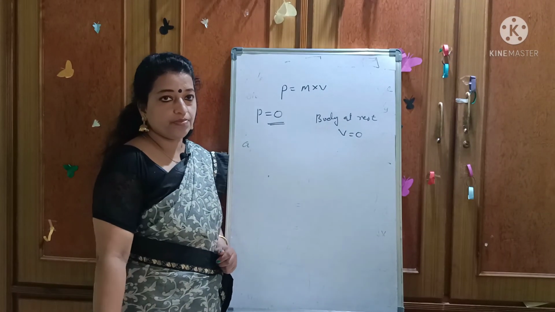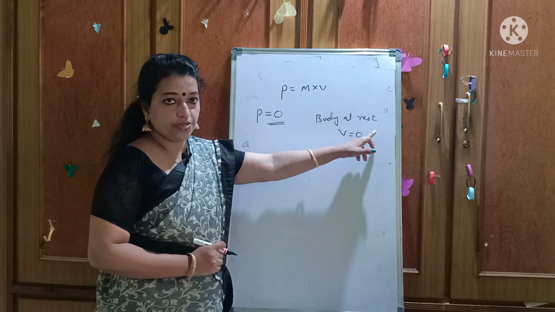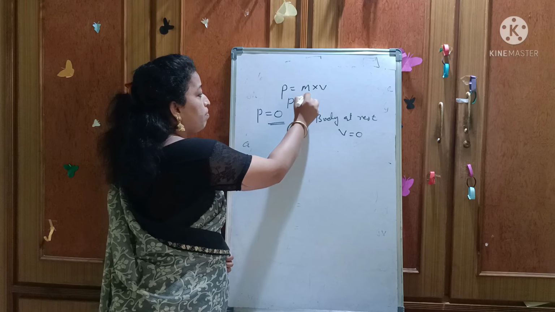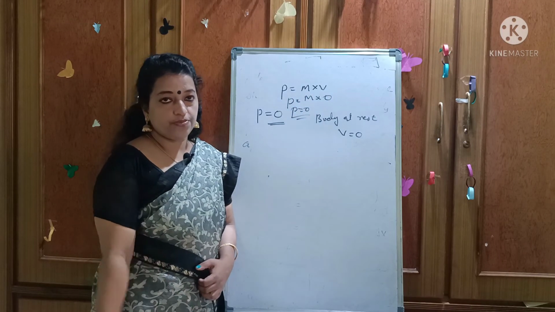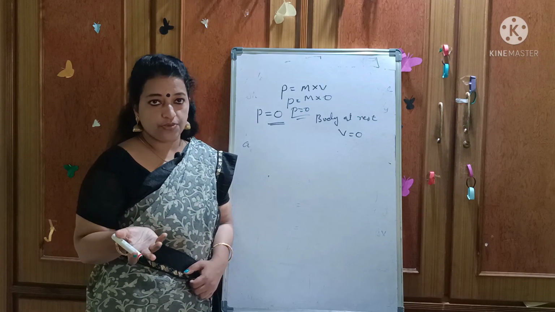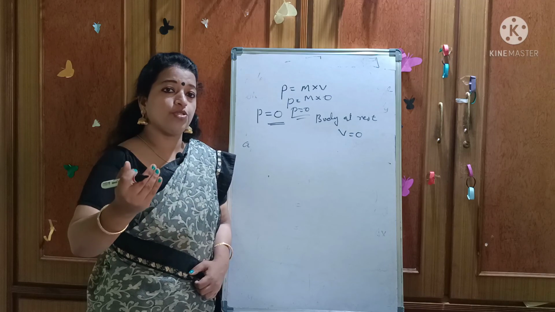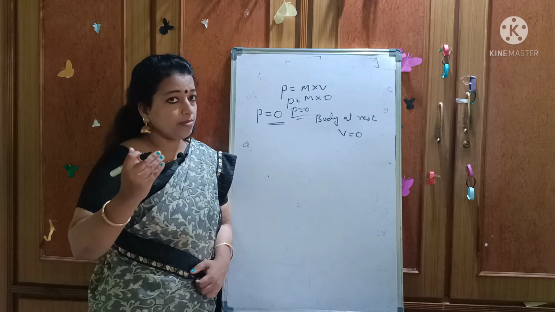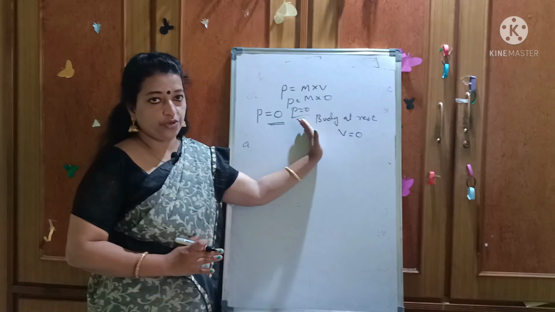Mass is there, but velocity is 0 when the body is at rest. Substituting, the momentum is 0. That's why in the definition I explained that only moving objects which have a mass have momentum. When the body is at rest, momentum will be 0.